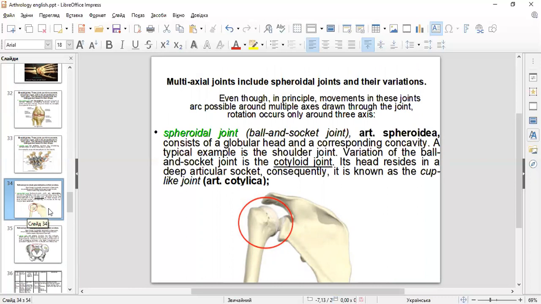A variation of the ball and socket joint is the cotyloid joint. Its head resides in a deep articular socket. Consequently, it is known as a cup-like joint, articulatio cotylica.